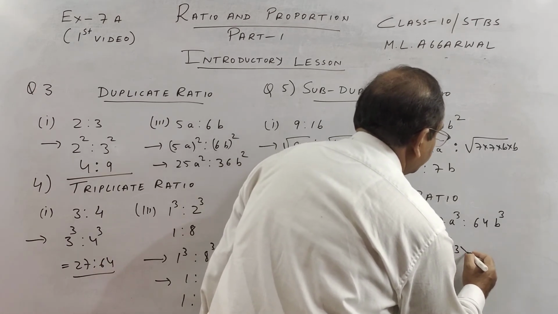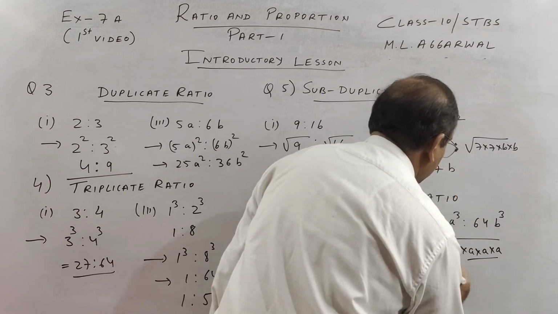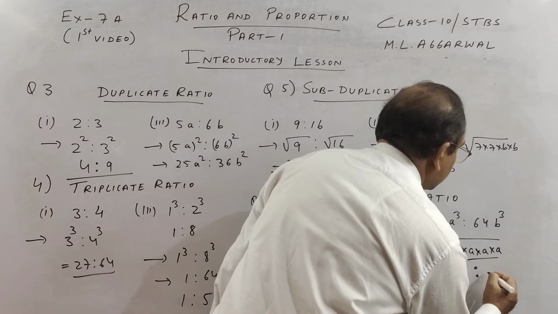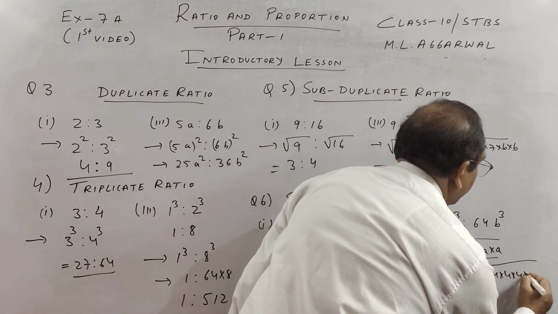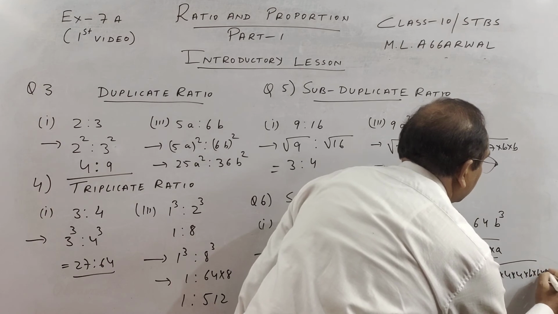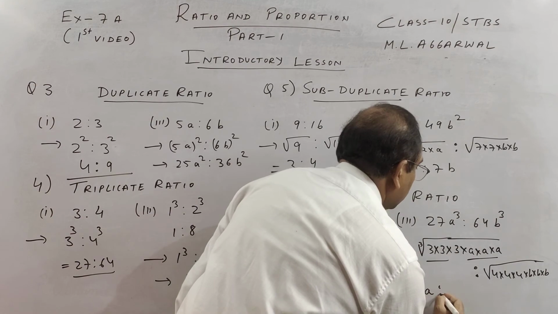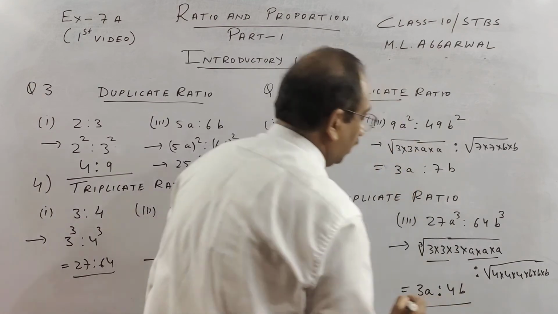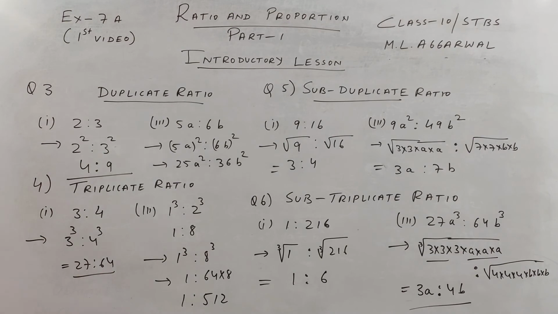So I am doing two things here. I am taking as a cube pair of 3 is to, if you see, 64 is 4 into 4 into 4 into b into b into b. So finally we get, children, 3a is to 4b. Okay, so kindly pause the video and copy.